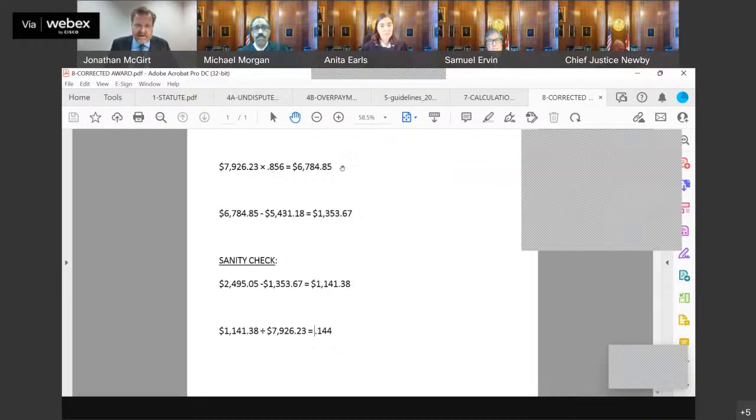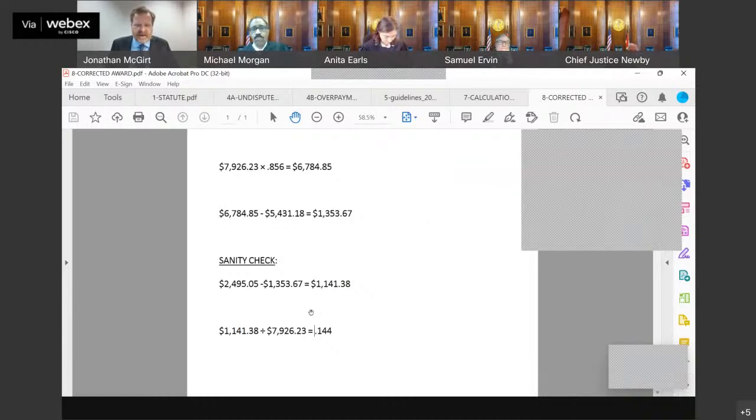That would be $6,784. Subtract from that the amount that father already pays while the child's in his care, $5,400, and that leads you to an ultimate award of $1,353.67. That would be consistent with the way the guidelines work, but this is not a guidelines case, but it would at least approximate the income shares model.